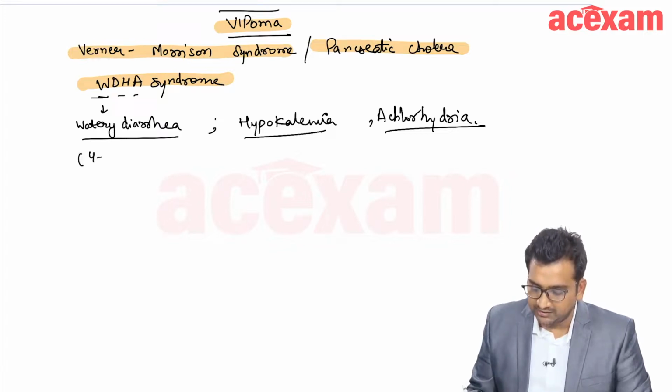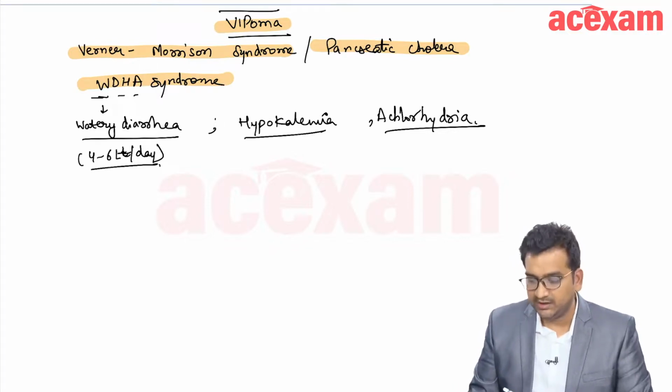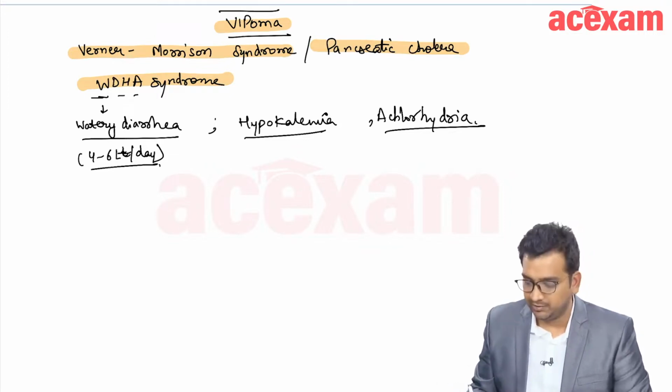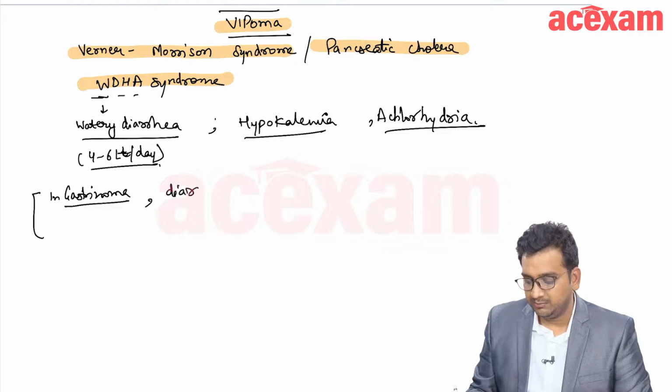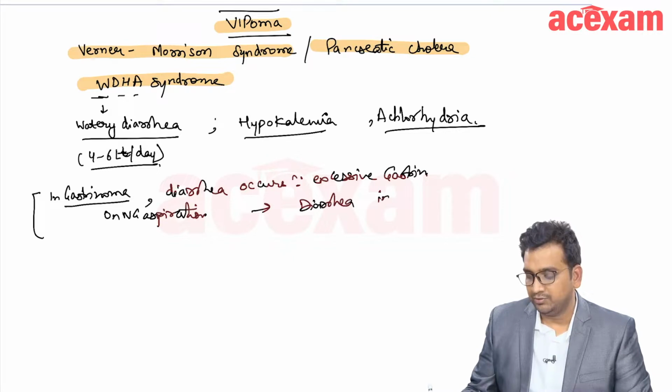This watery diarrhea is in the range of 4 to 6 liters per day. The important thing regarding this diarrhea versus the diarrhea which occurs in gastrinoma. In gastrinoma, excessive diarrhea occurs because of excessive gastrin. So on NG aspiration, there will be less amount of gastrin, so diarrhea improves or stops.